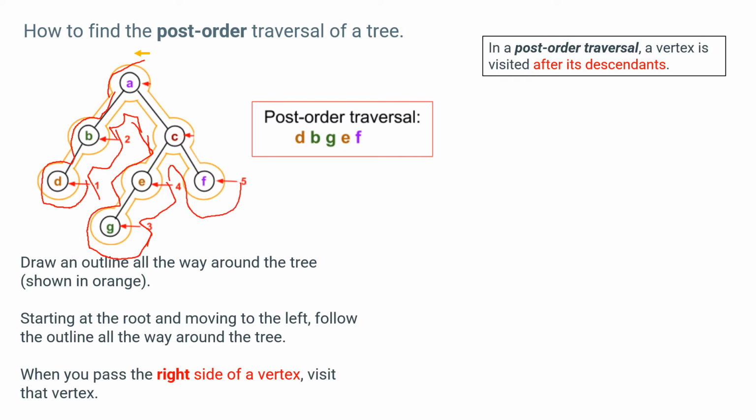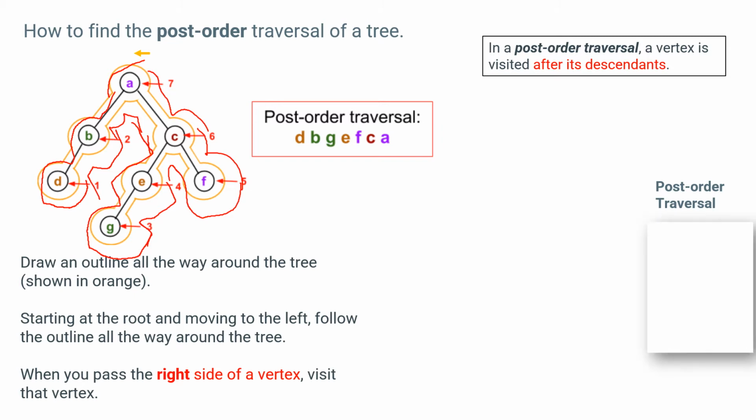F, C, and I go up to the top, and then finally I visit A. A was visited after everything else was. And so if you take a look at all of these, every vertex gets visited after all of its children are visited.